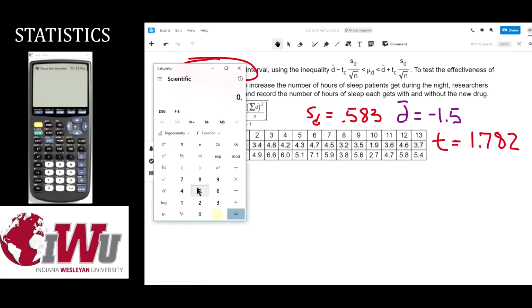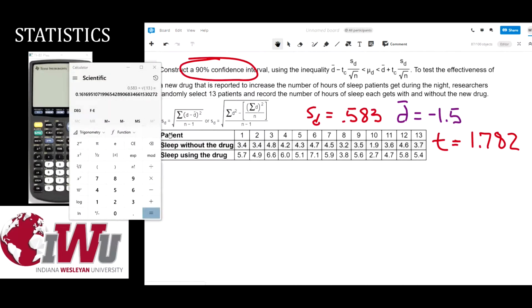So we have 0.583 divided by square root of 13. So we take a look, 0.583 divided by root 13. All right, that's where we end up again, 0.162. So actually, let's go ahead and finish this up here.